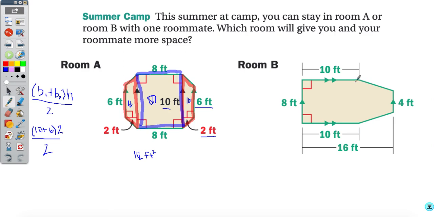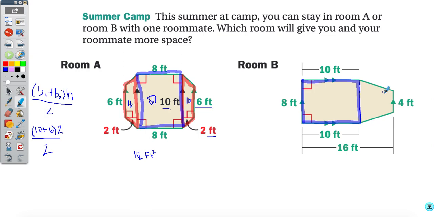All right, and then in room B, the nice thing about this is we can break it into two shapes. We are going to have another rectangle. That is going to be 8 by 10, just like the previous rectangle.